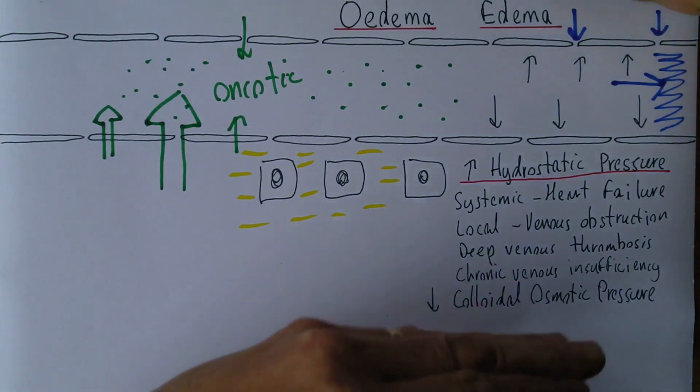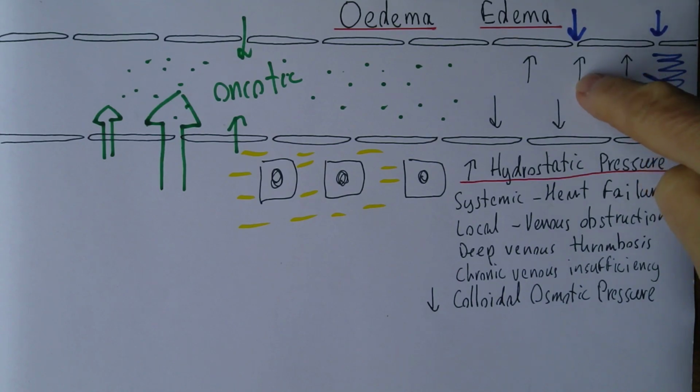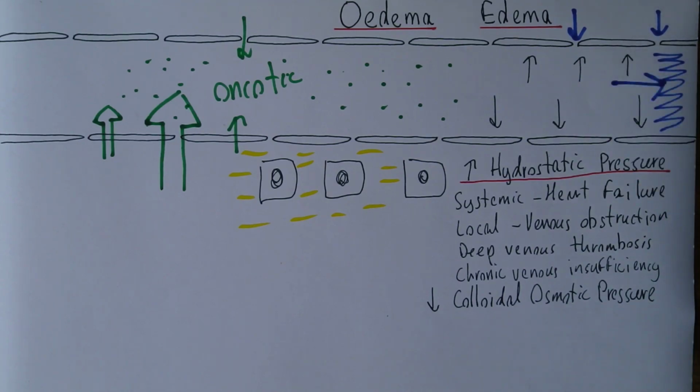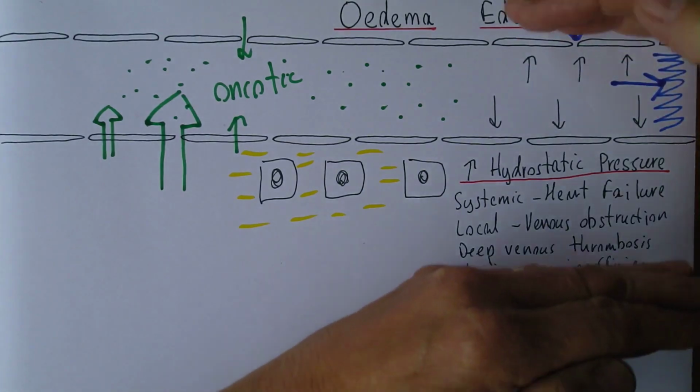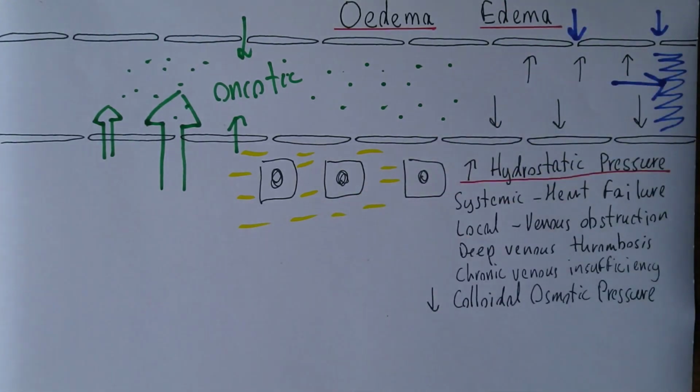So normally at the venous end of the capillary, the oncotic pressure is going to exceed the hydrostatic pressure and there's going to be net reabsorption of tissue fluid. But if we don't have the osmotic pressure inside sucking in, there's less sucking in pressure, more fluid again will be retained in the tissue spaces.